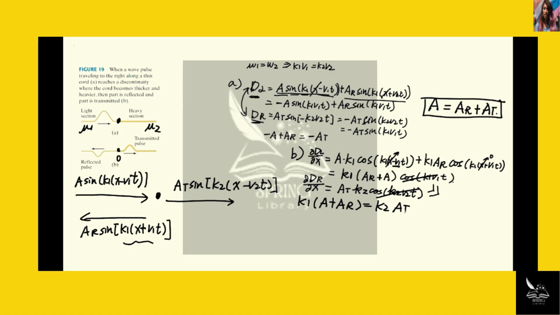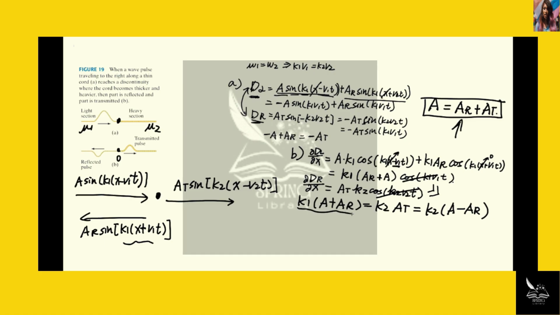Our purpose is to have A_R in terms of A. So we first need to eliminate A_T, and we can do that using what we found in the first half, because A_T is A minus A_R.